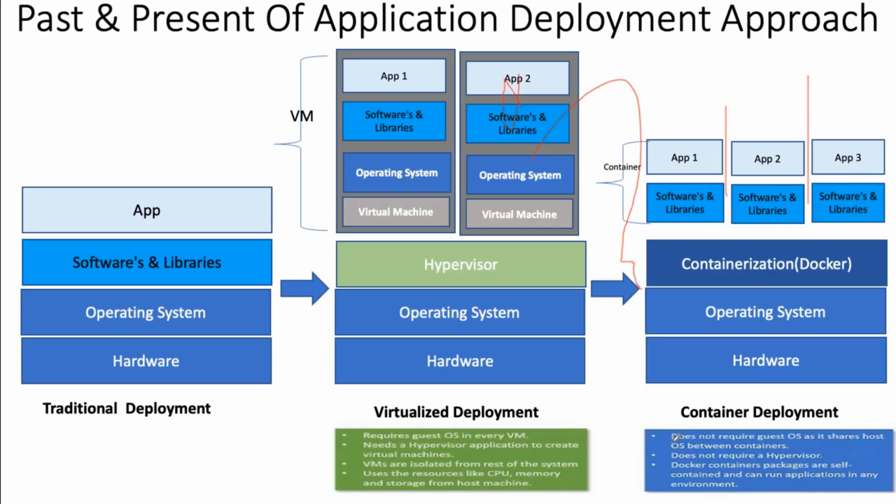So what is the advantage? A container will not have a complete operating system. If you don't use containers, do I need three separate VMs to deploy these three applications? Let's say I am not using this containerization software. Do I need three separate VMs to run these three applications? Yes.